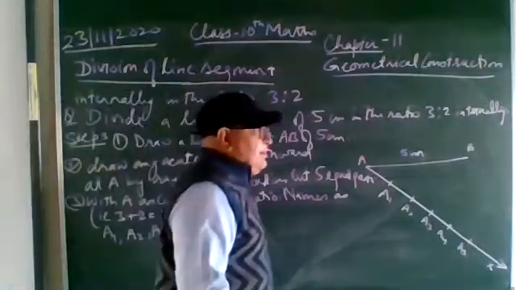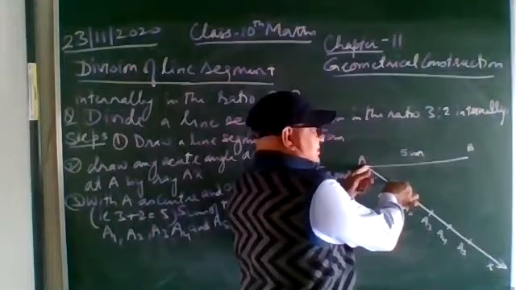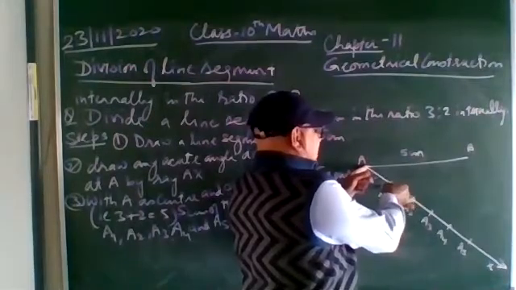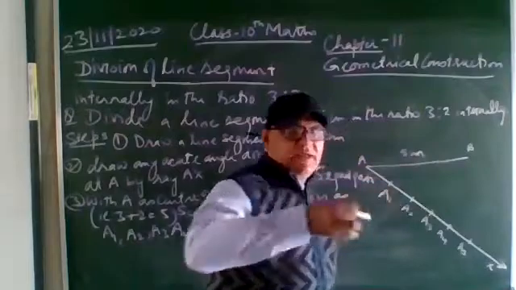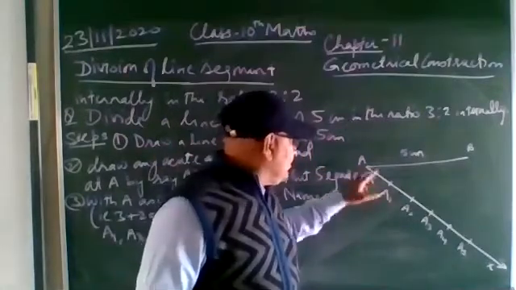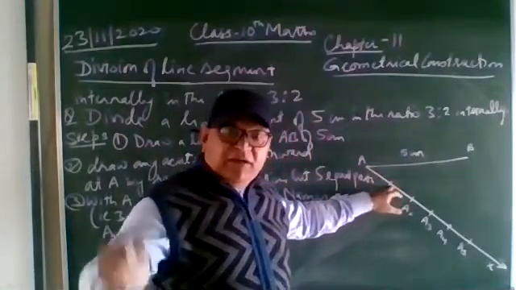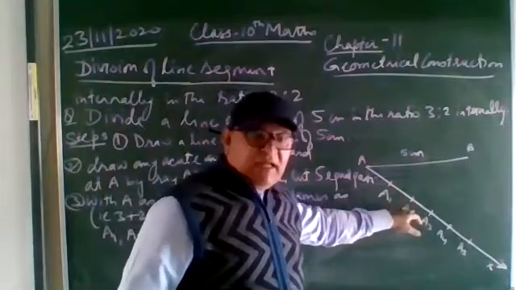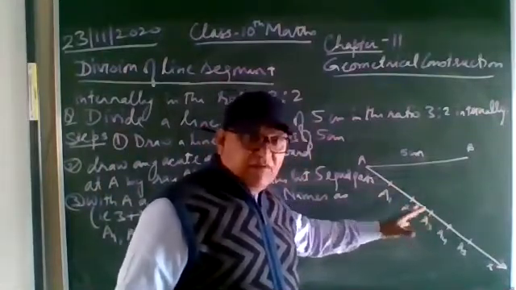Some students make the mistake in dividing this: they take the compass at center A and cut A1, and then they change the distance. You cannot change. Once you have cut the first arc A1, now come on A1, cut another arc A2. No change in the radius.